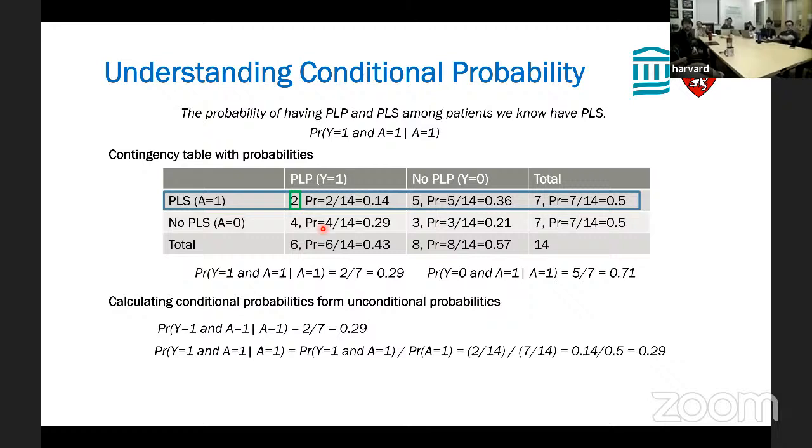You see? You are using the probability of PLP and PLS divided by the probability of PLS, which is the marginal, 7 divided by 14. And at the end, they are equivalent. It doesn't matter. You could use the counts or you could use the unconditional probabilities if they are available.